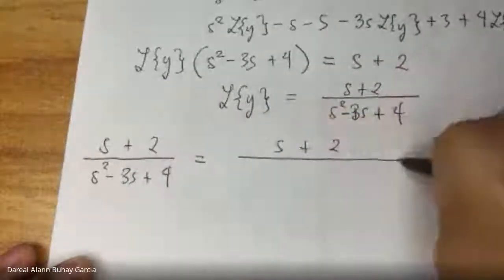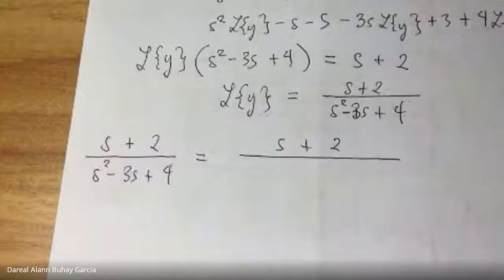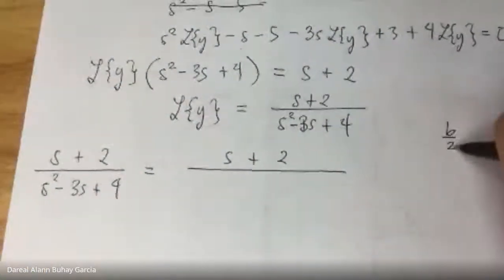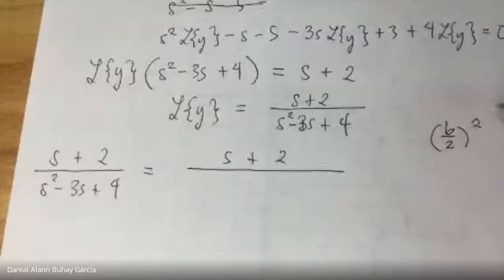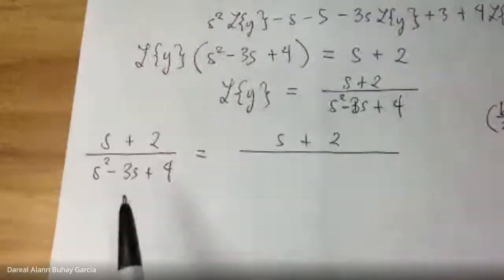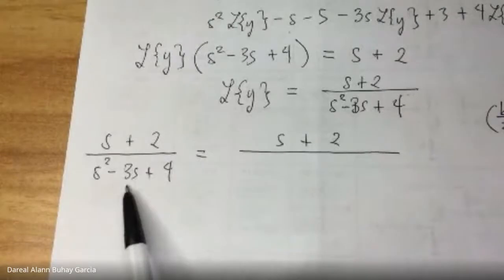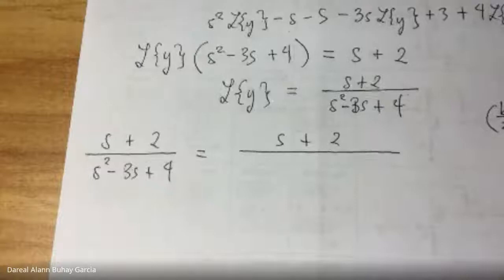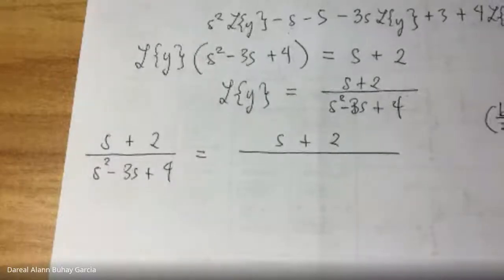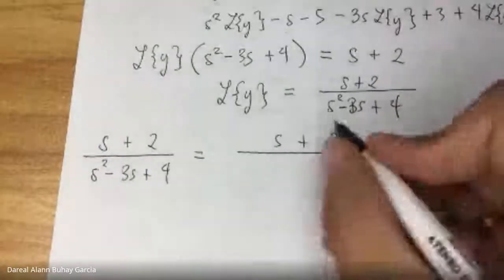Do you remember how to perform perfect square? b over 2 squared man siguro. No? b over 2 squared. So, if b is negative 3, so negative 3 divided by 2 is 3 halves squared is 9 over 4.